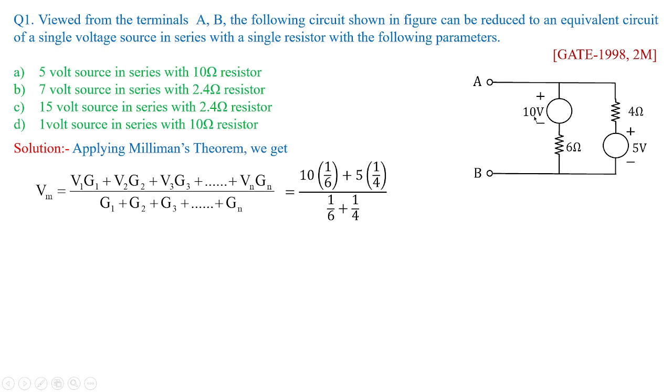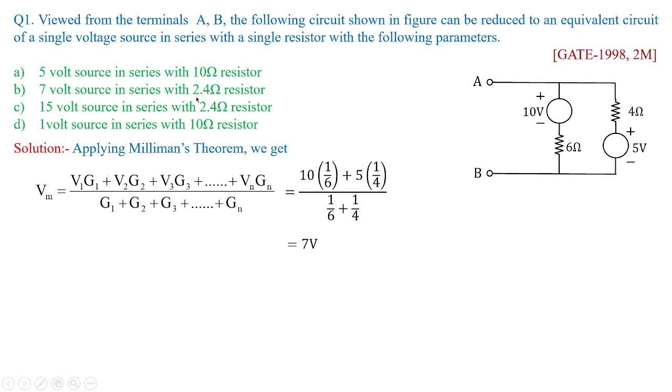V1 I am taking the value as 10 and G1 value is taken as 1 by 6 plus, since we have only two sources, so we limit this formula to V1 G1 plus V2 G2 by G1 plus G2, and that is how the values from the given network are placed with the help of this formula. Solving this particular numerical, we get the value of voltage as 7 volts. So clearly, option B is the right answer.